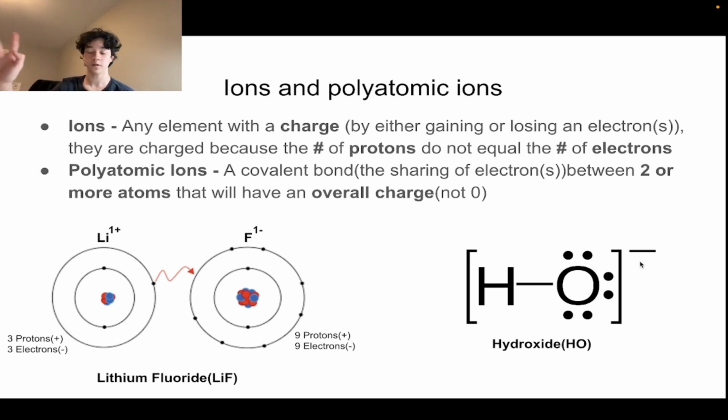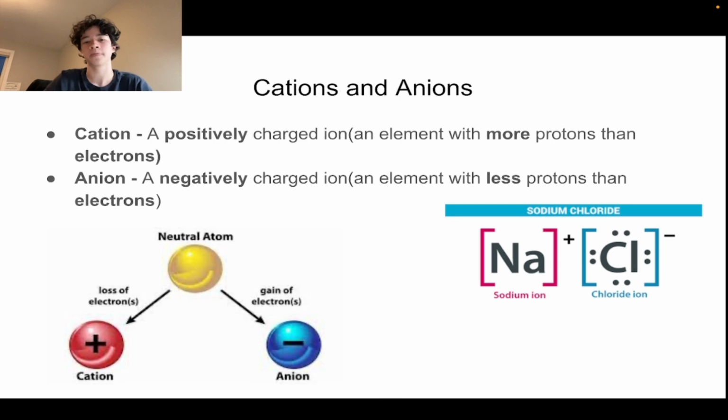If you're wondering how to get this charge, I'm sorry to say, but even after researching a lot, there's no one set way to find the charge of every polyatomic ion. I can recommend asking your teacher about that, but we're not going to talk about it this time.